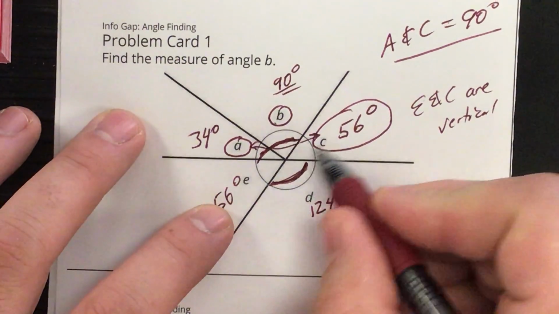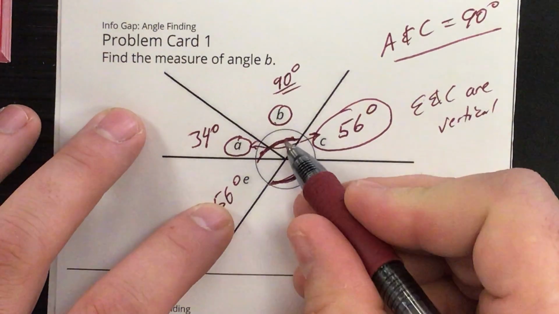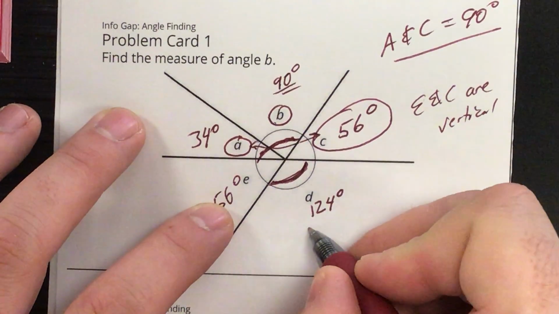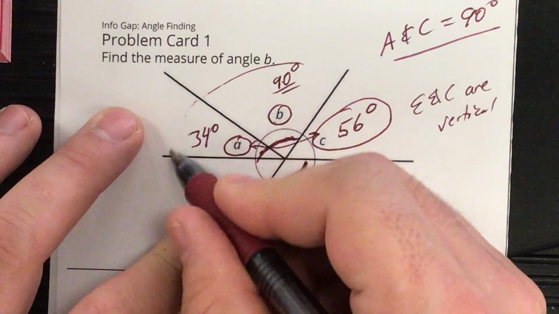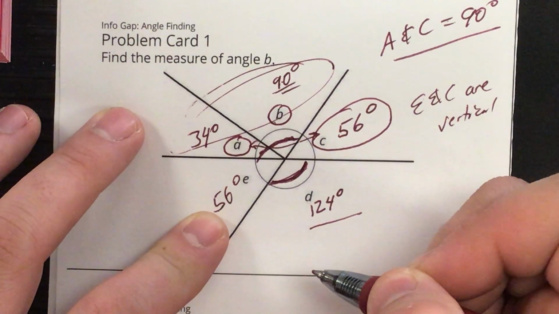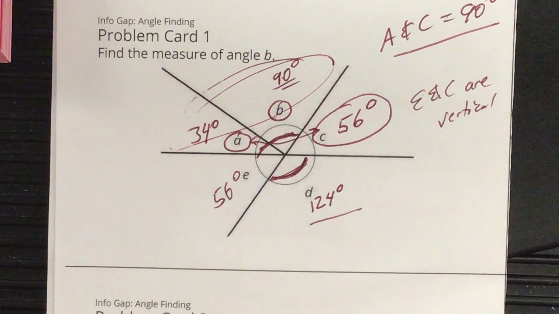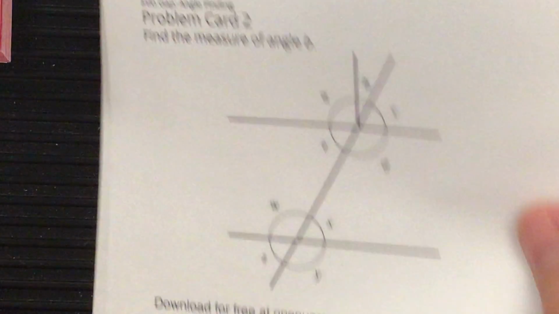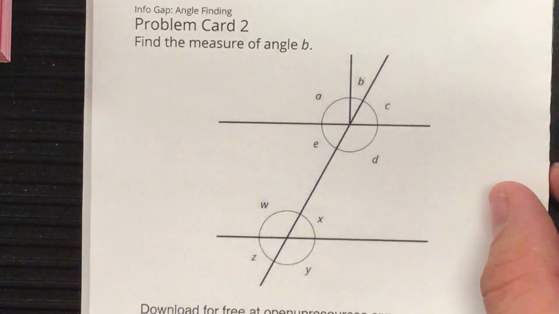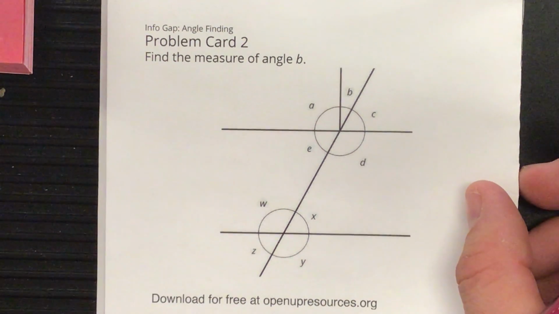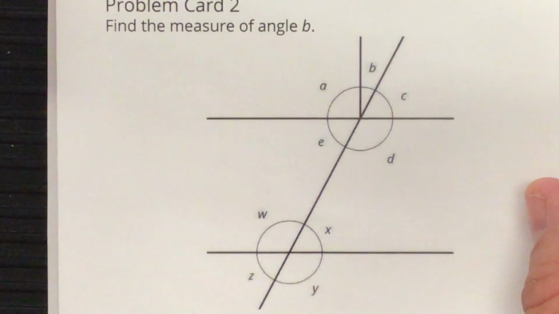Do you see how these two are across from each other? They're equal. These two should be as well. So if this is 124, this should be 124. That's another way to find it. Either way, 90 is just fine. Okay, one more of those. And again, they should all equal 360.